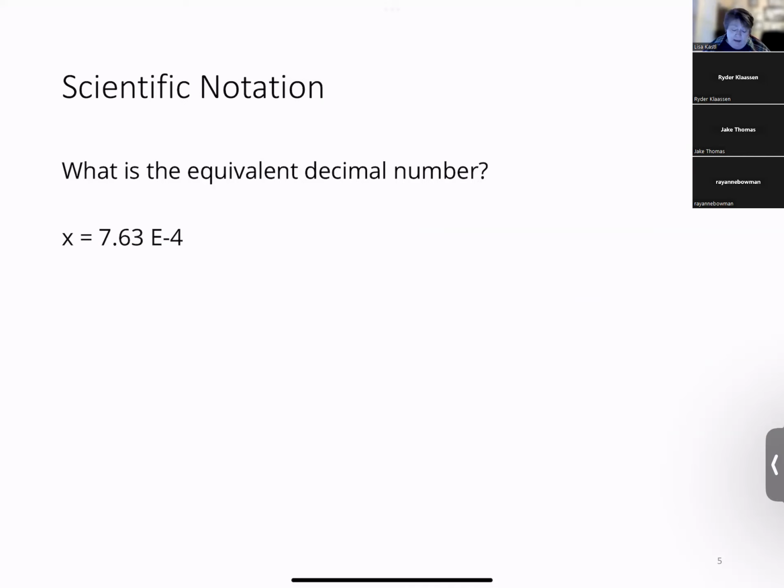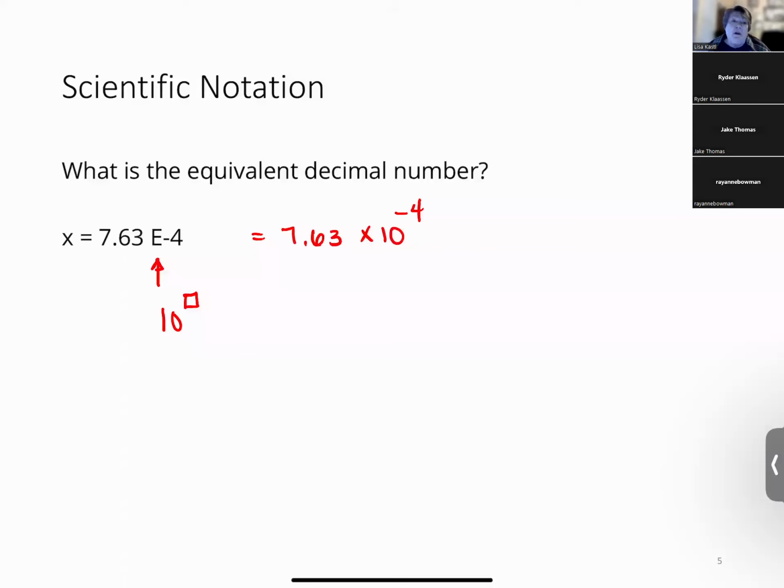So what this E means is 10 to the whatever that number is to the right of it. That E means exponent. So this is equivalent to 7.63 times 10 to the minus 4. That's what it means.